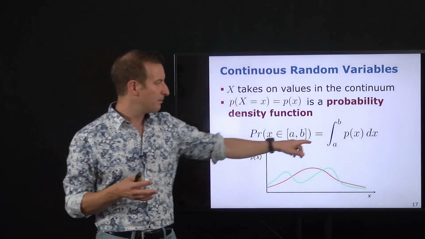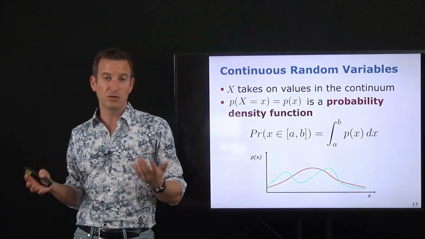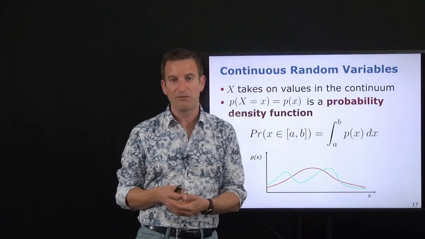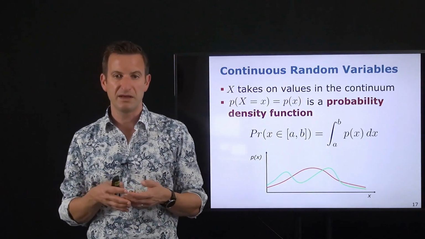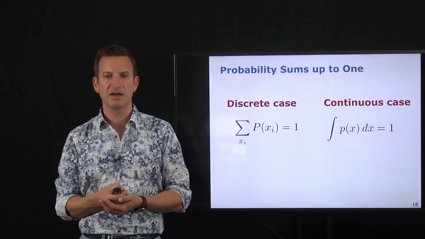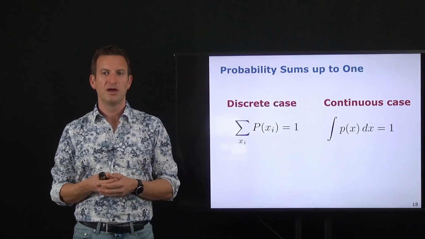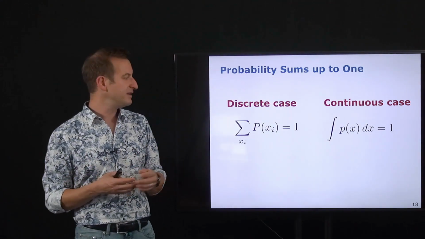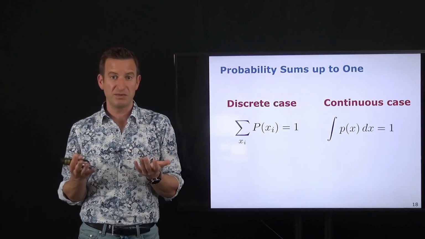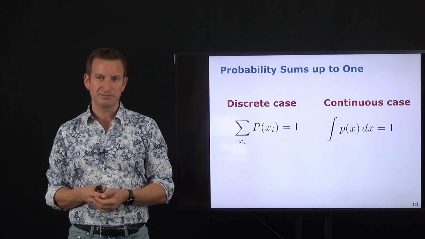This P of x can take different forms. It can be a normal distribution, the most prominent one, but it can also take any other form. The important thing is that the integral over this function must be 1. This is one of the first important things, which holds for discrete as well as for continuous variables. The sum over all events must be 1, because one event must be true. So if I sum up all the probabilities, we must end up with 1.